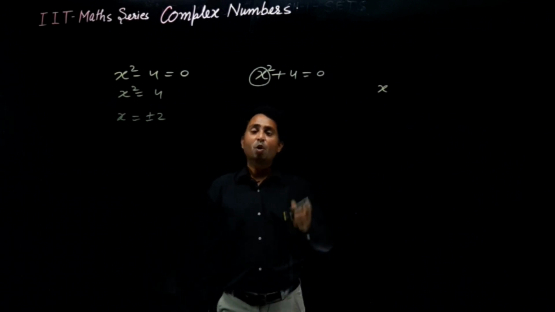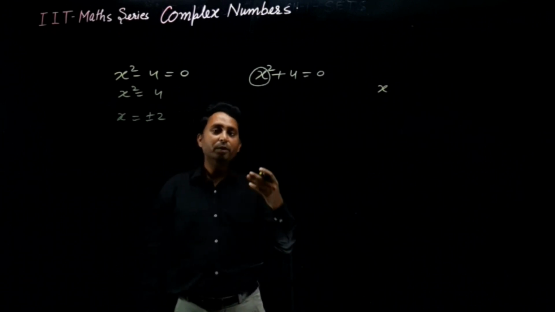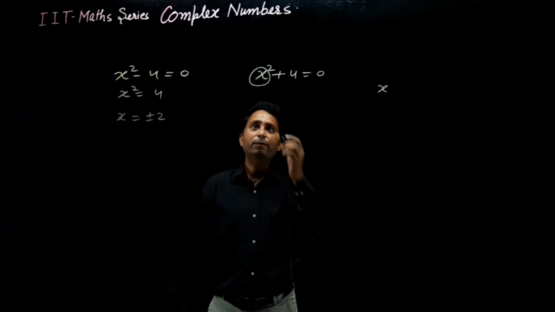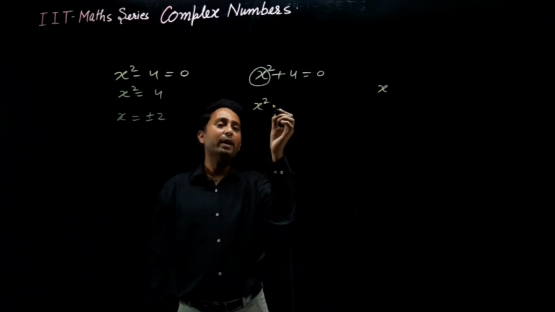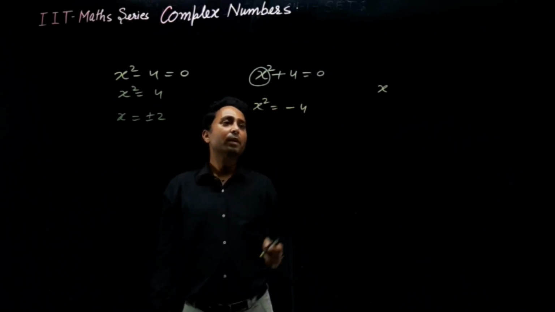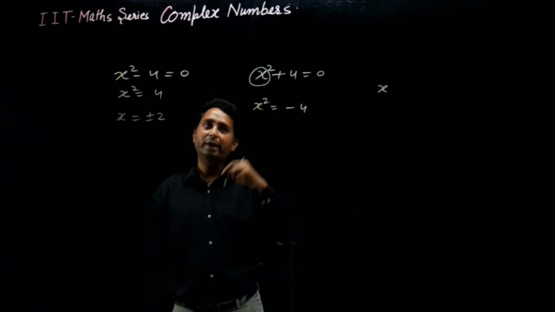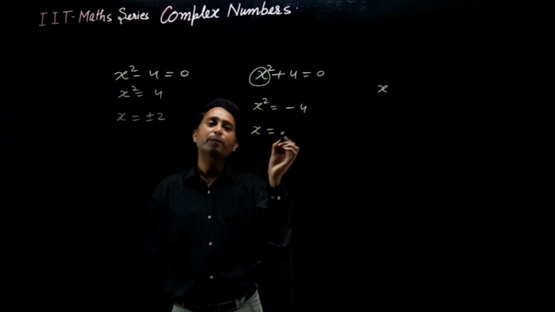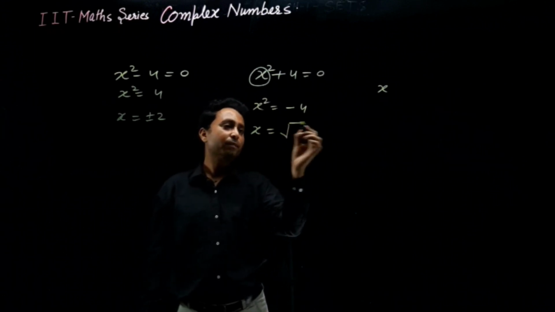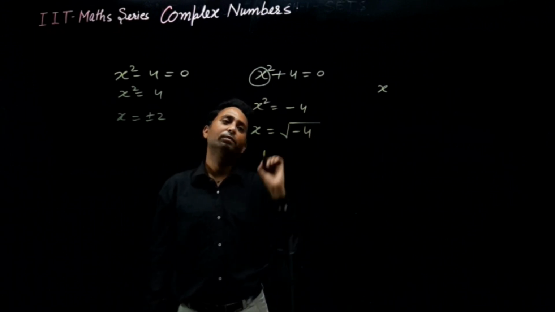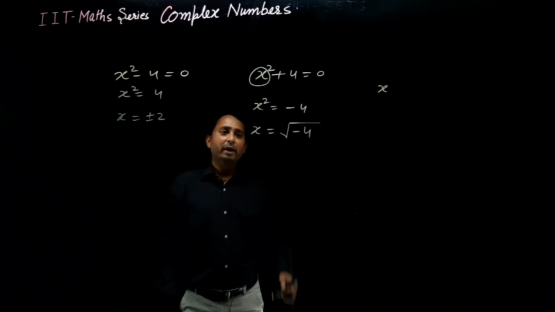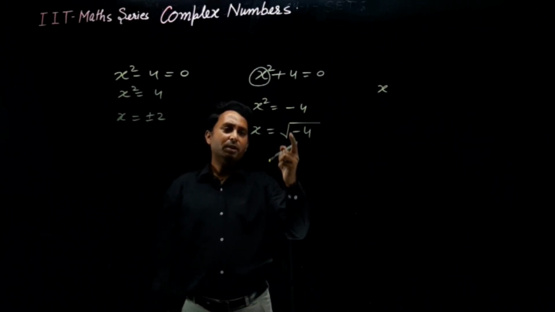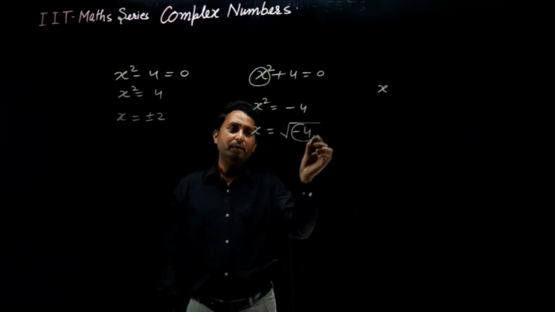In this case we introduce the imaginary number. If we try to find the value of x, x square equals minus 4, and solution means the value of x, that will be root of minus 4. In this case this is root of a negative number.